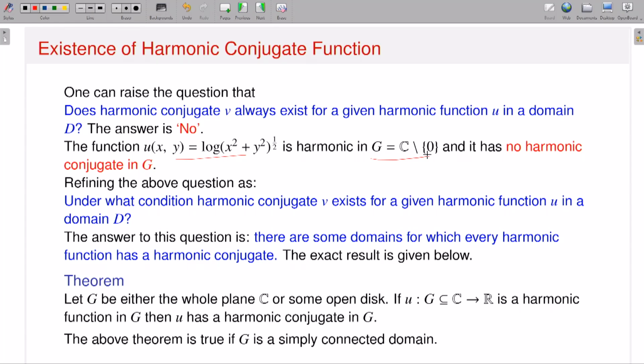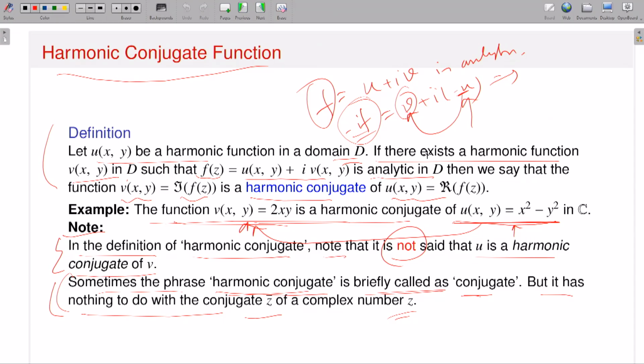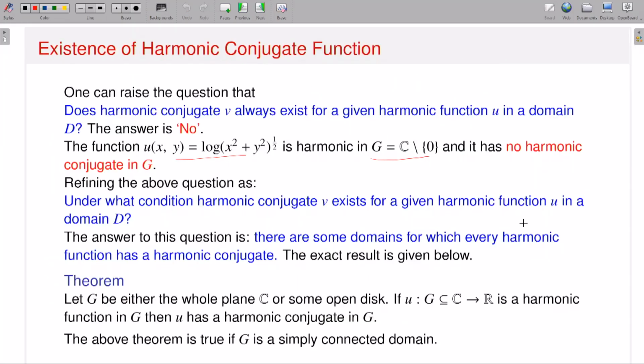Now you see, this example says that a function u defined on full C, a nice polynomial in x and y, will have a harmonic conjugate. However, look at this function u(x,y), which is log of (x square plus y square) to the power half, a harmonic function not on C but on the punctured complex plane.